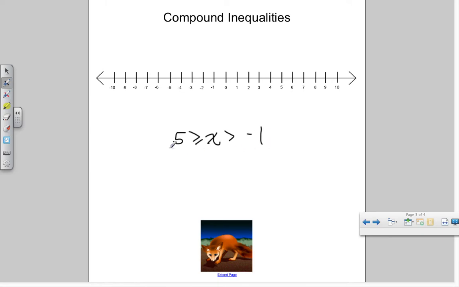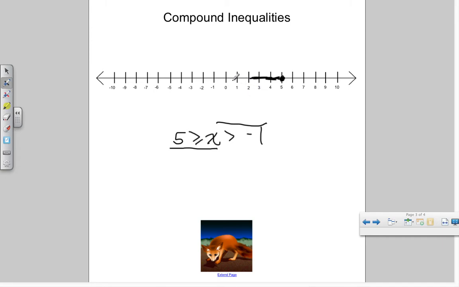So what you do is you just look at these separately. Look at this one first and look at this one second. So if x is smaller than, notice the small side is closer to x. X is smaller than or equal to 5, or 5 is greater than or equal to x, I'm going to find 5 and I'm going to put a closed circle on it because it can be 5. But x has to be smaller than that, so it's going to be moving this direction.